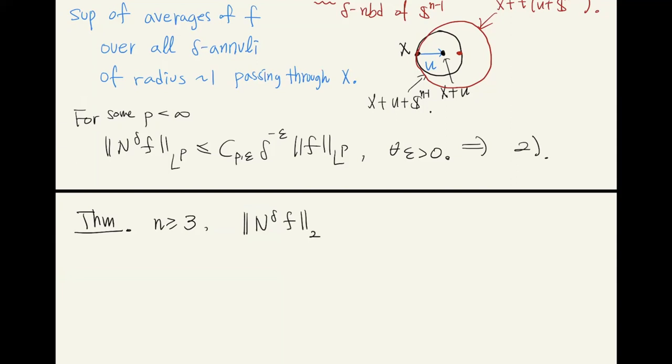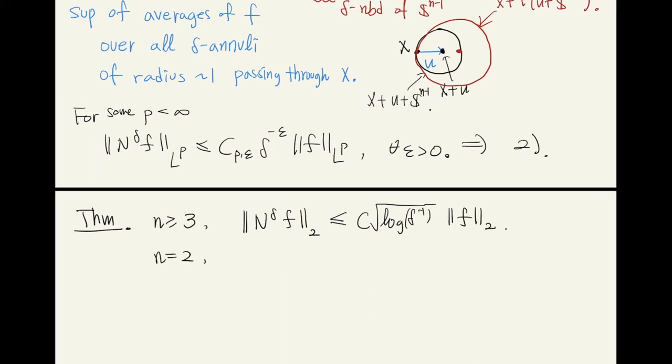So on L2, we have, up to some constant, some logarithmic blow-up in the L2 norm. And in dimension 2, we prove an L3 estimate for this maximal function.